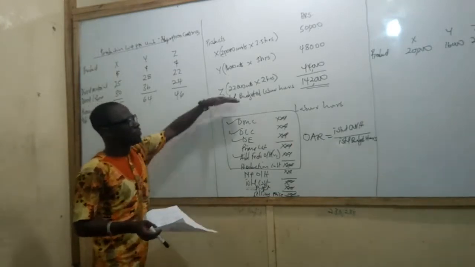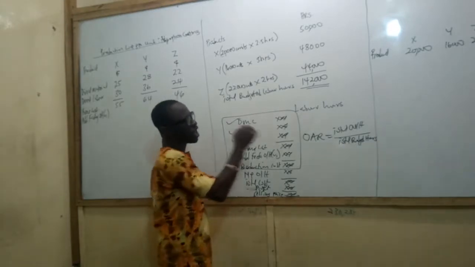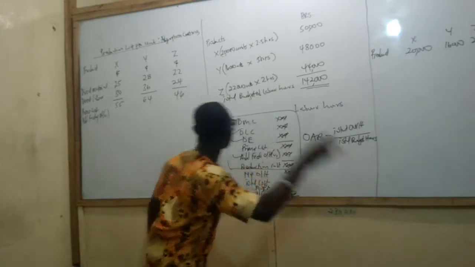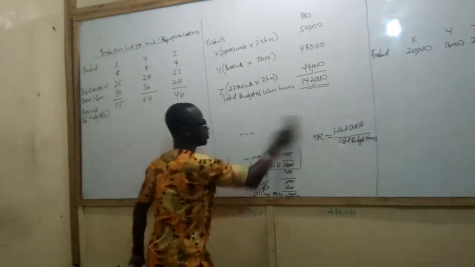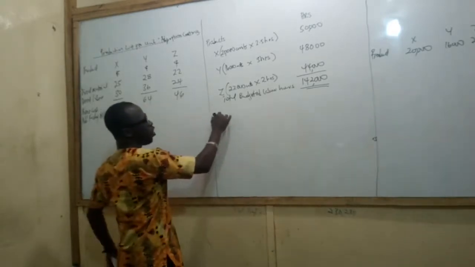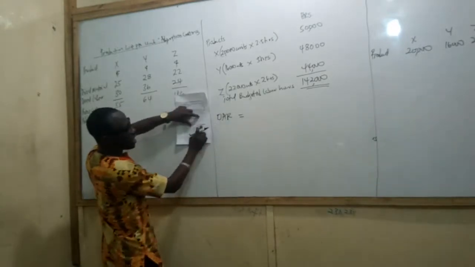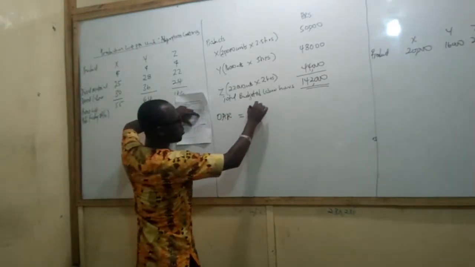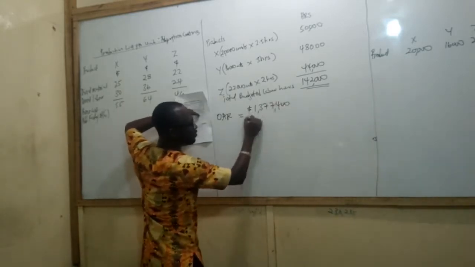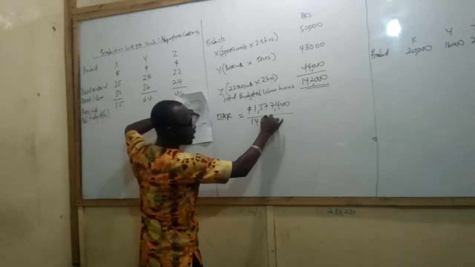So now that we have total budgeted labor hours, we need to now calculate the overhead absorption rate. So let's go for it. So overhead absorption rate is going to be equal to the total overheads given to us in the question, $1,377,400 divided by the total budgeted hours of 142,000 hours.